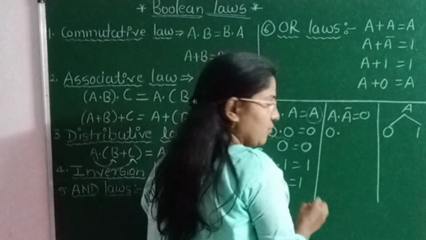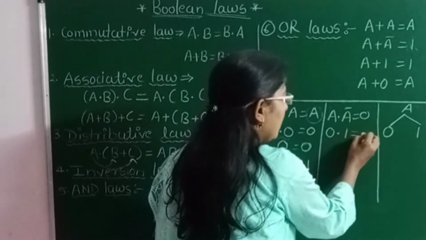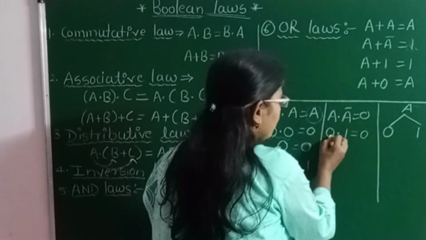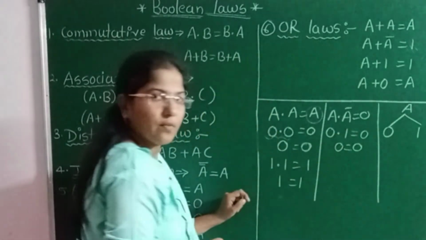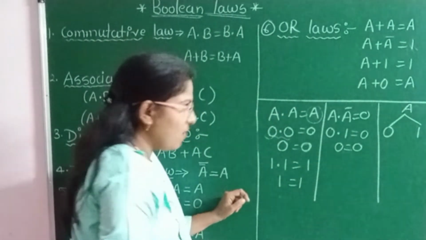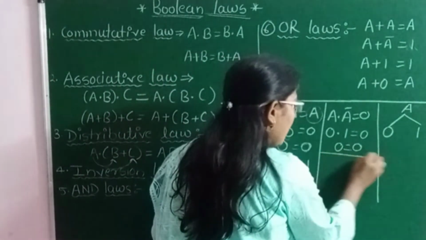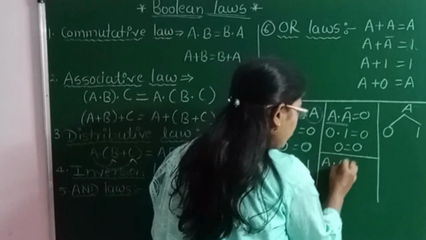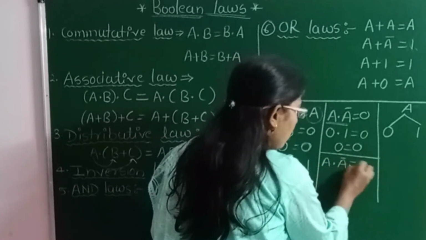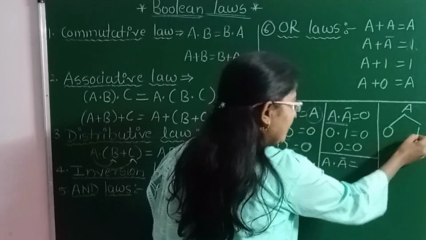A is 0, so A bar will be 1. So 0 into 1 is 0. So 0 equal to 0. This is correct. Now consider the next. Now I will consider only the left hand part of this expression, A into A bar. Now put the value of A as 1.